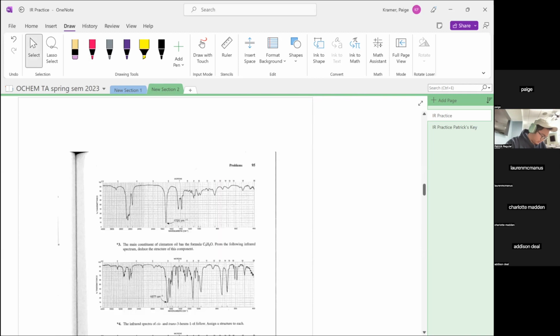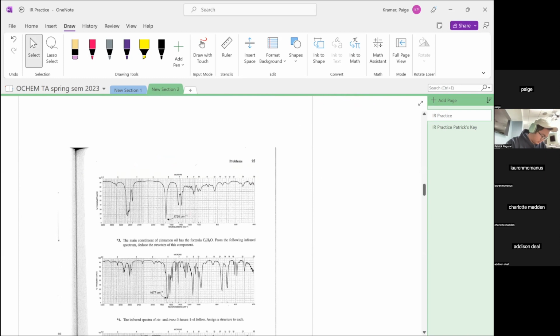So then looking at this IR down here, here's our C double O peak. Then we look for an OH. We have no OH.